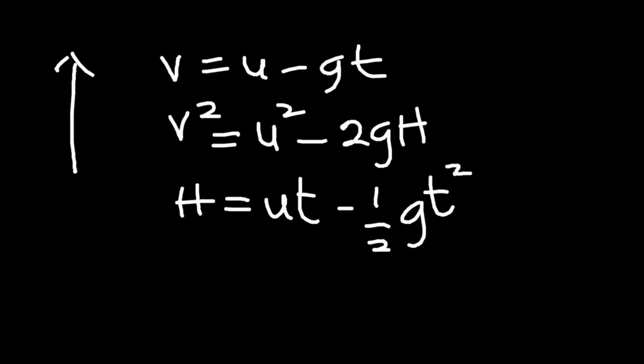Now, this doesn't consider the fact that u becomes 0 or v becomes 0. This only gives the equations of motion to use. However, at maximum height in this instance, v becomes 0, so that the first equation of motion becomes u equals gt, the second becomes u squared equals 2gh, and the third one of course doesn't have v.